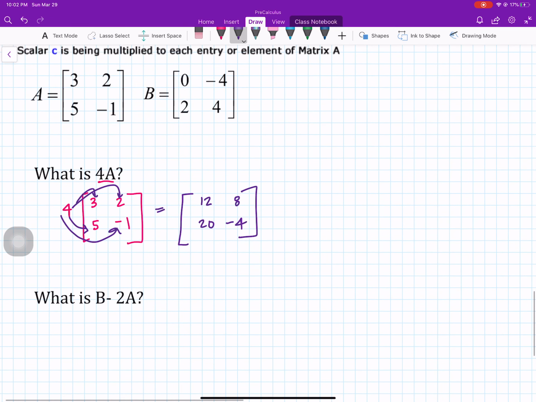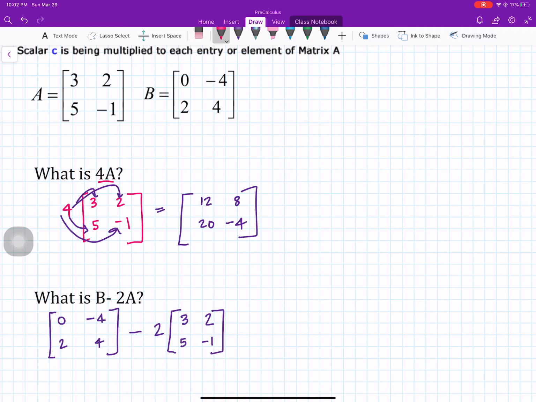It is also important to note that order of operations still applies with matrices. So when I say what is B minus 2A, I need to make sure that I am performing my order of operations correctly. I have 0, 2, negative 4, and 4 for matrix B, minus 2 multiplied by matrix A, which is still 3, 2, 5 and negative 1.